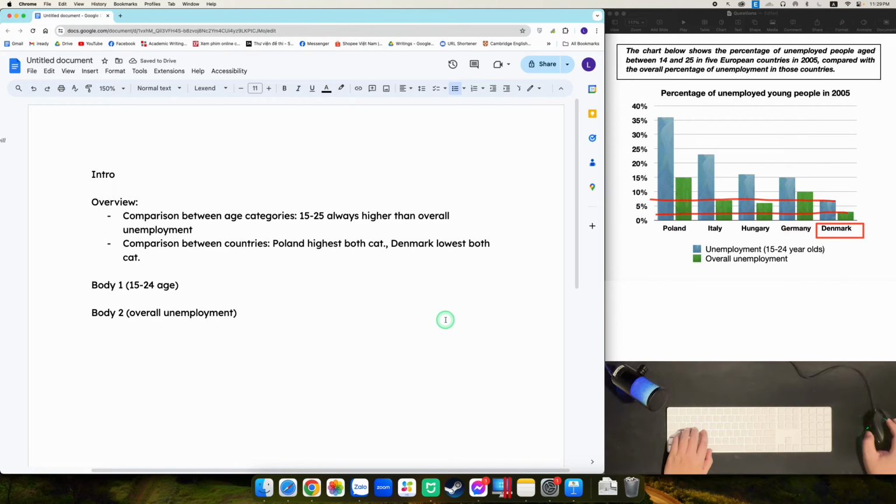Moving on to body paragraphs, it's better to report data from the highest to lowest. So let's firstly list out the countries in descending order.